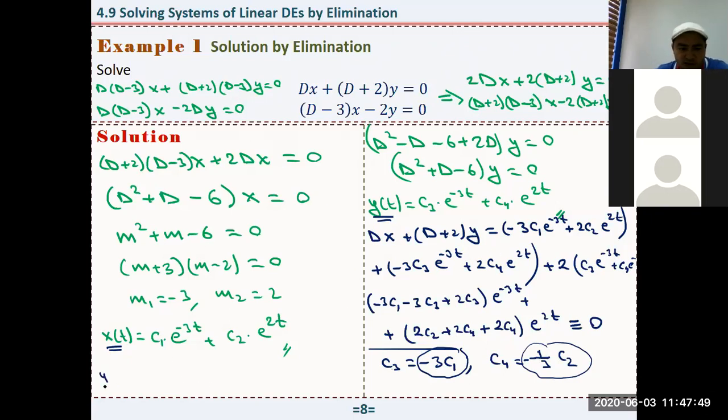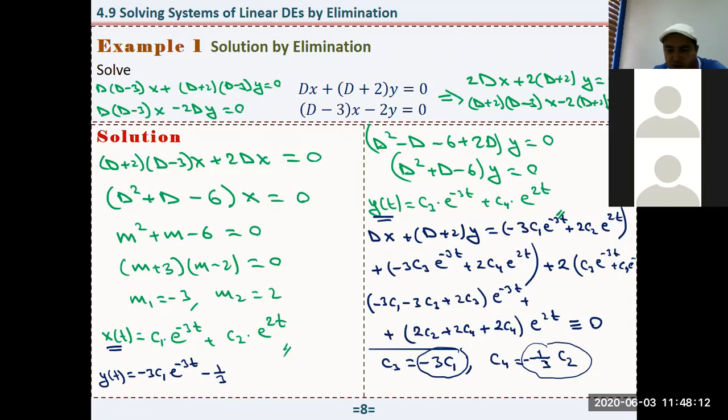So I can just add it here, y of t is equal to c sub 3. It is minus 3c sub 1 e to the power minus 3t, right? And here we have minus 1 over 3. Is it 1 over 3? This one is 4, c sub 4, 1 over 2.